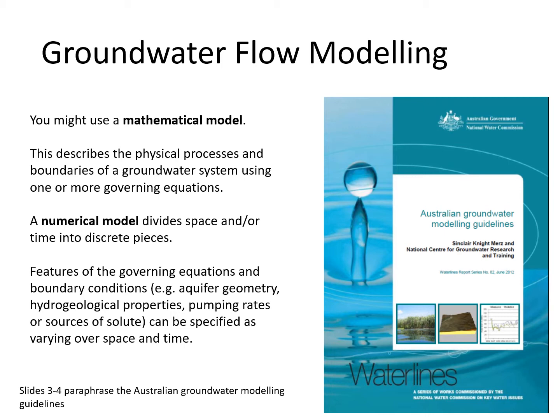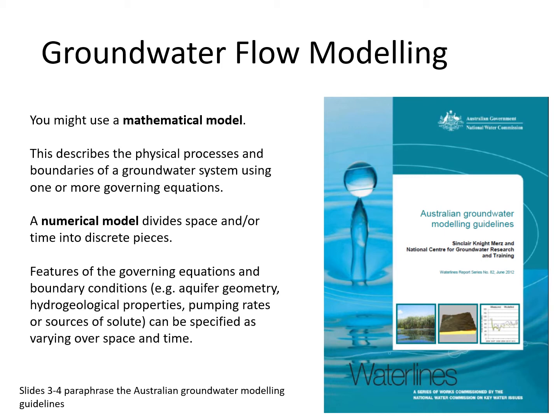So a typical mathematical model that you've learned about earlier in the course will describe the physical processes and the boundaries of a groundwater system using one or more governing equations, and you've been presented with those in your course notes. And typically a numerical model will then divide space, maybe space and time, into discrete chunks of space or time.